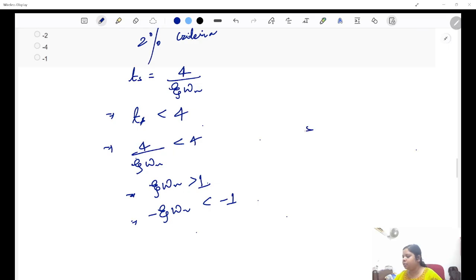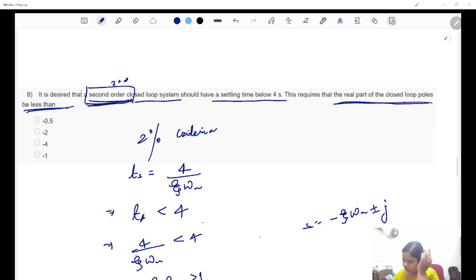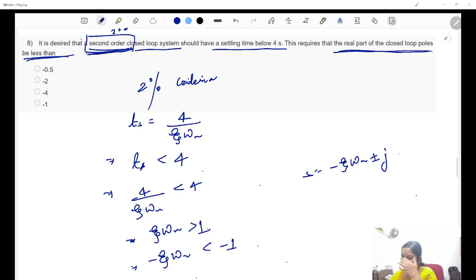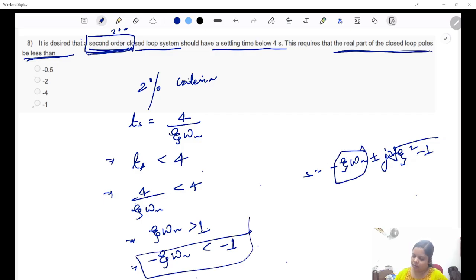Right? So your question was, the real part of the closed loop pole should be less than what? What were the poles? It was minus zeta omega n plus minus j omega n under root 1 minus zeta square, right? So this was the real part. It should be less than minus 1. You see, we did not go into finding zeta and omega n individually.